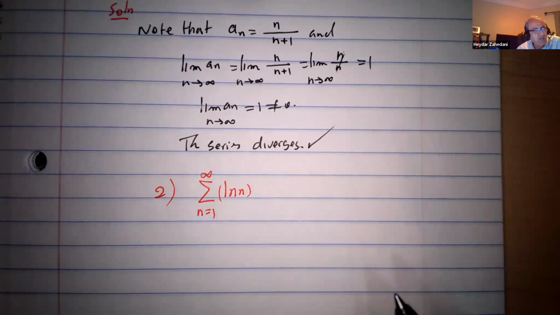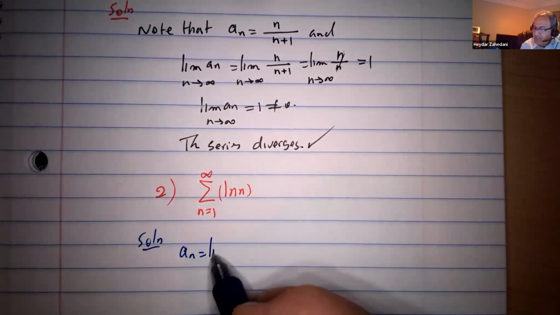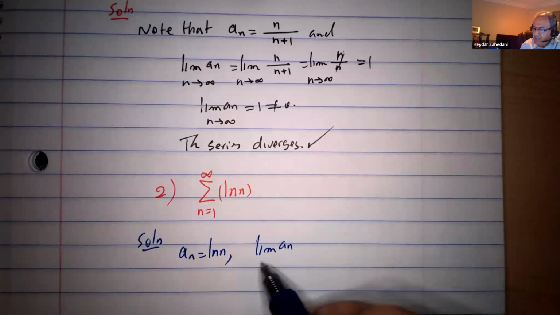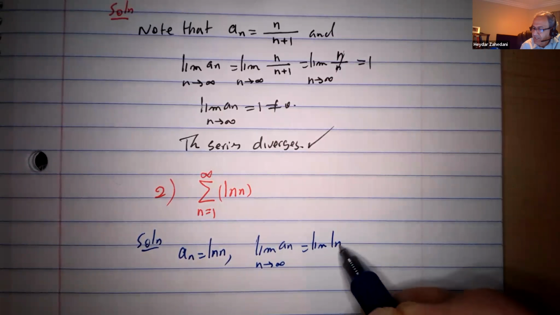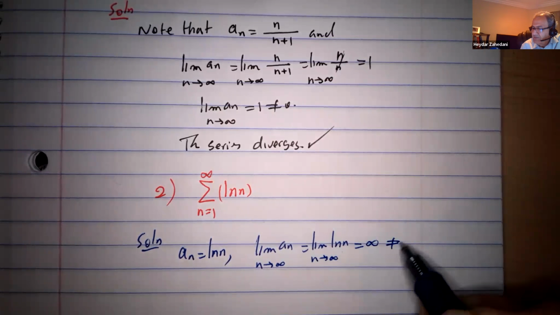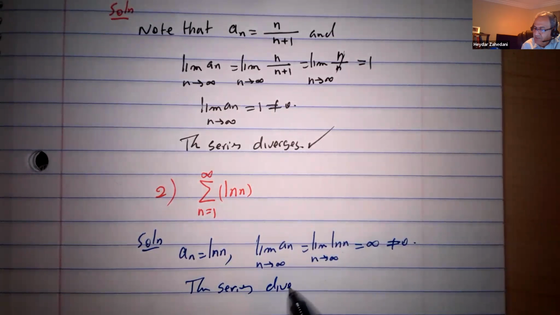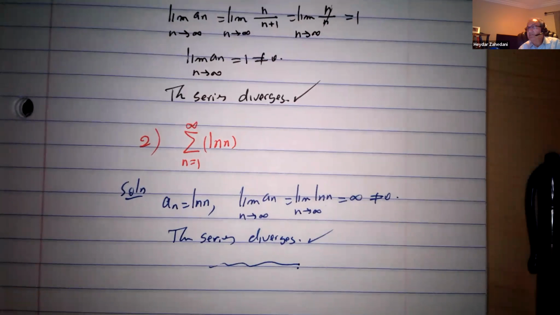You say that a_n is equal to ln n, and the limit as n goes to infinity of ln n is infinity, it's not 0. The series diverges.